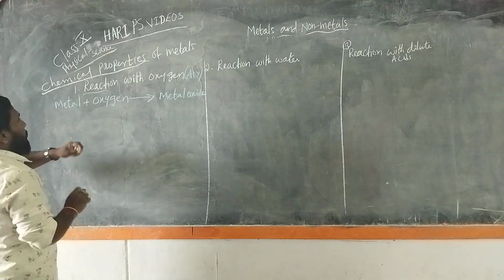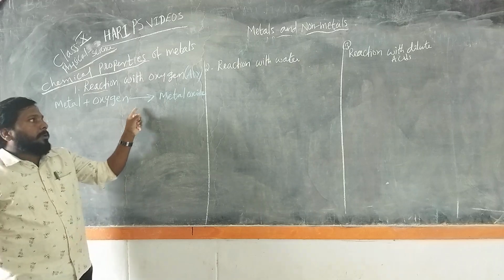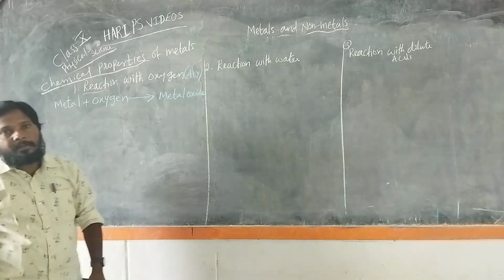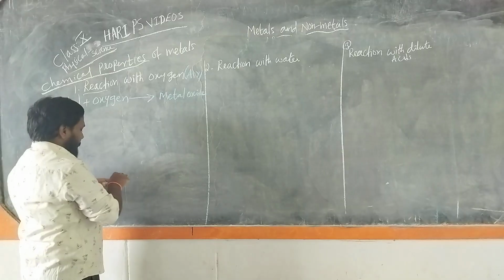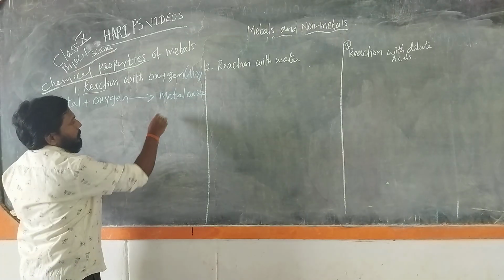First, when metals react with oxygen, they give metal oxides, which are basic in nature.